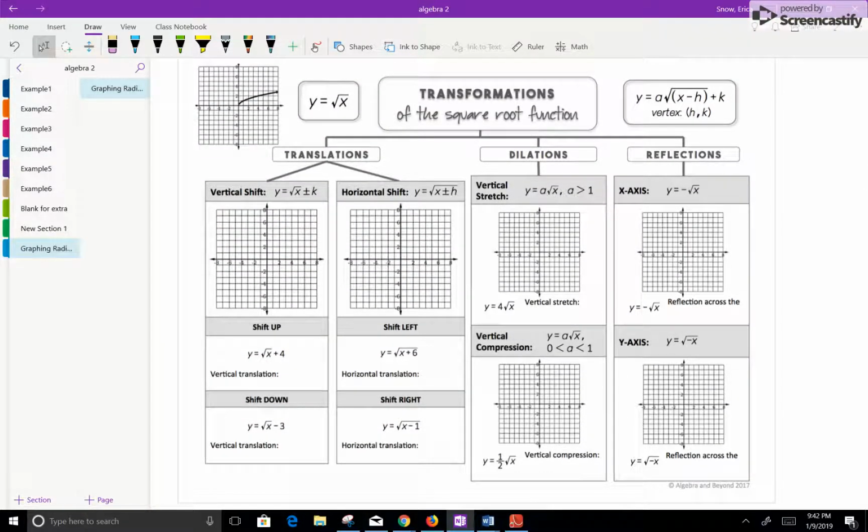Okay, transformations. So this transformation out here, that k, moves us up and down. You guys know that, plus or minus k. So if we're going to go up, we're going to go up 4, and it's going to look exactly the same. Or we're going to go down 3.